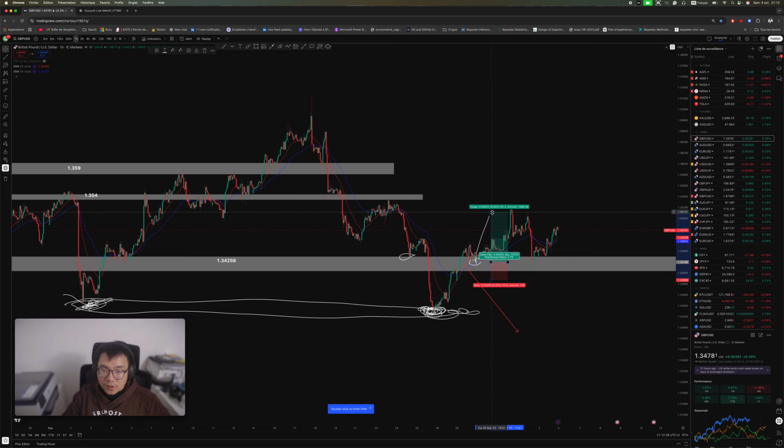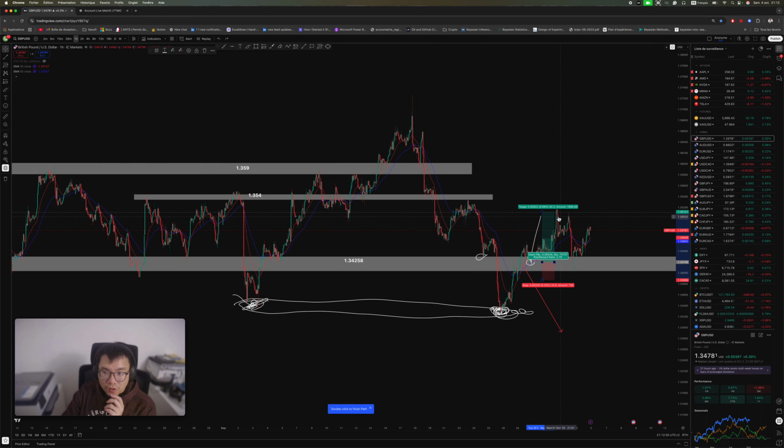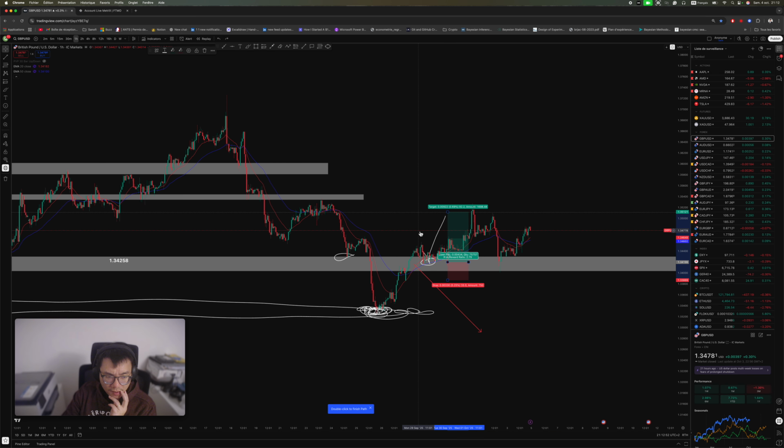My initial target was here, the next intermediate level, but I decided to close a little bit sooner because I think that day there was some major news that impacted the dollar pairs. So I decided to close like 20 minutes before the news.